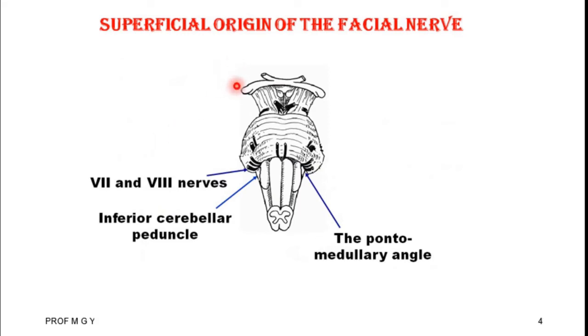The superficial origin of the facial is from the pontomedullary angle above the inferior cerebellar peduncle, together with the eighth nerve, the vestibulocochlear. That is the superficial origin.